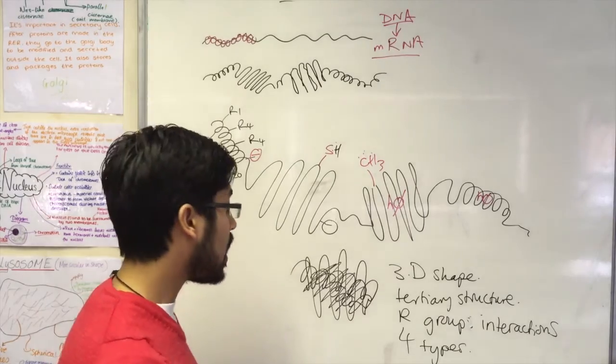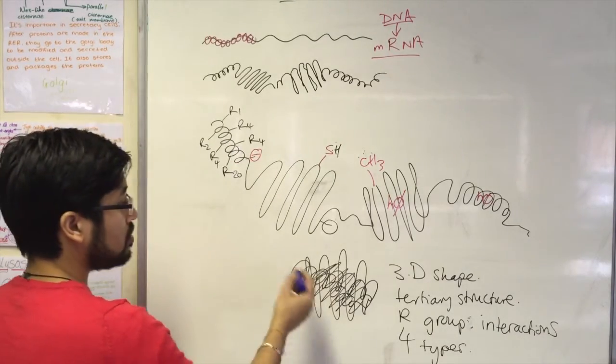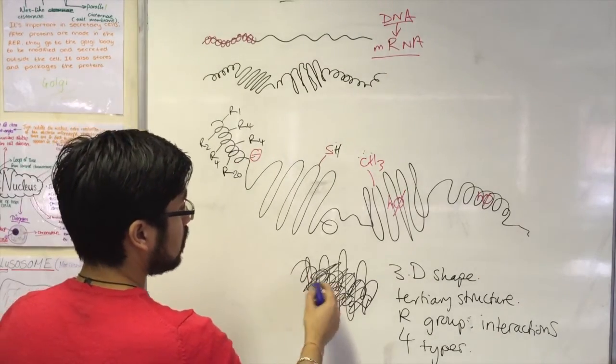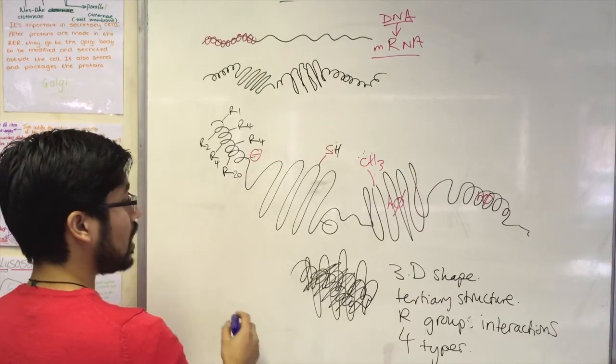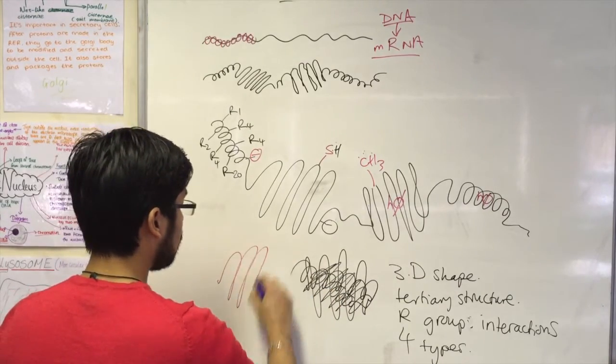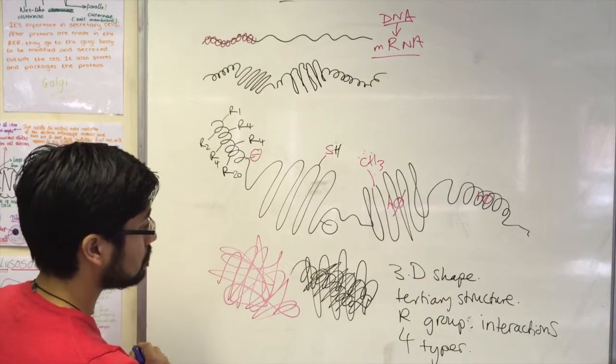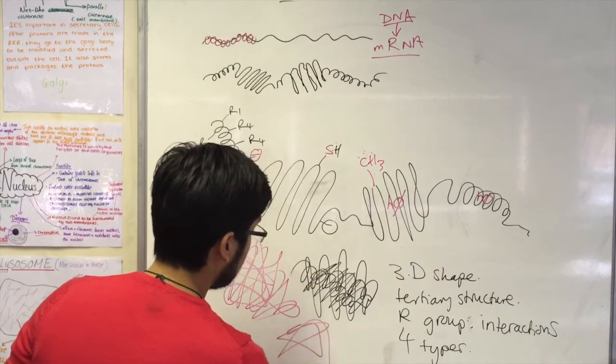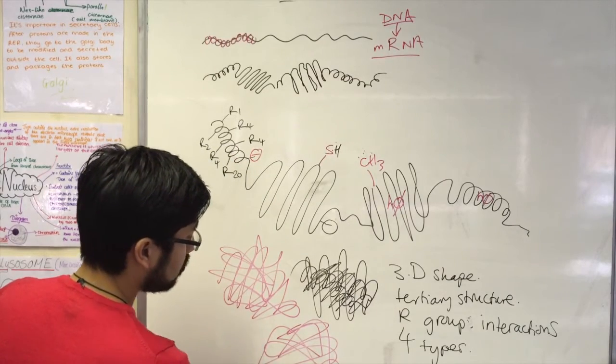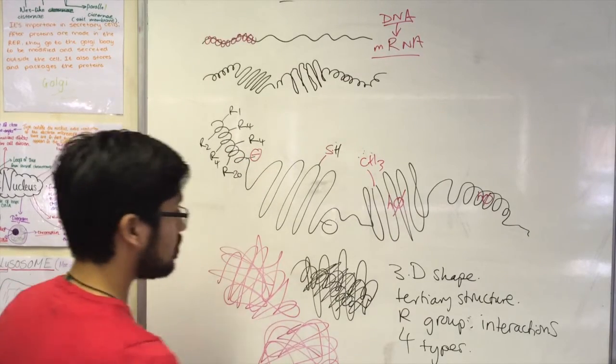But the story doesn't end there, because say if you need more than one polypeptide chain, that's called quaternary structure. So we might have something else right here, and maybe another polypeptide chain that's got its own secondary structure, that's got its own tertiary structure.